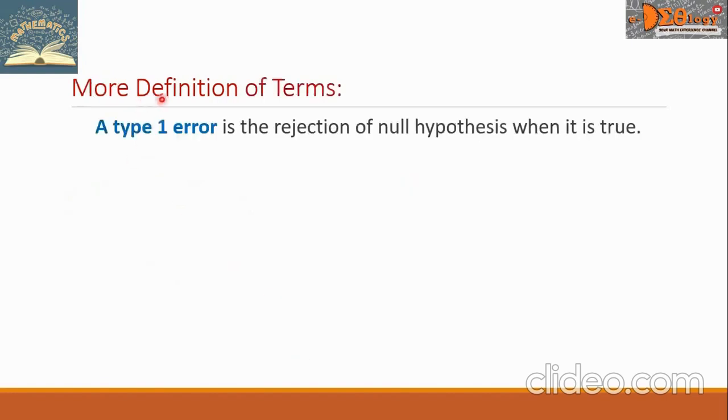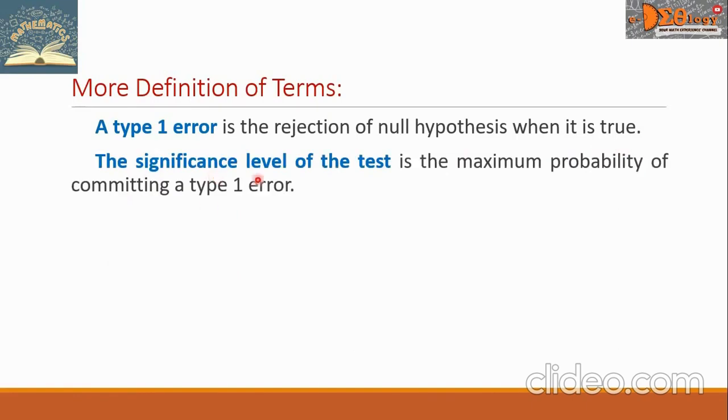Let us have more definition of terms. A type 1 error is the rejection of null hypothesis when it is true. The significance level of the test is the maximum probability of committing a type 1 error. This probability is symbolized by alpha.